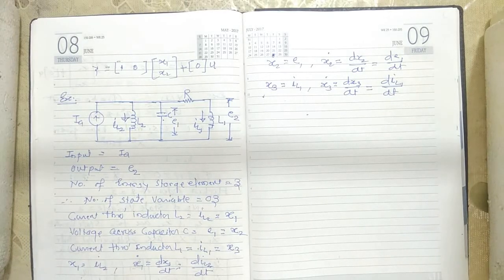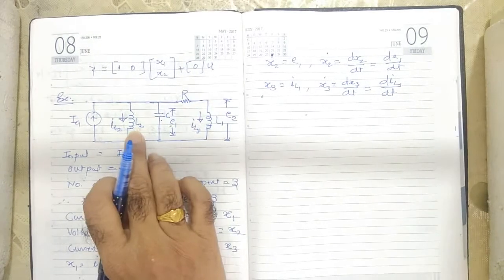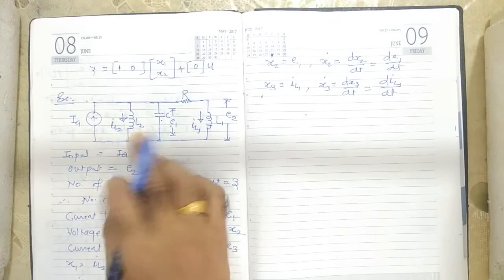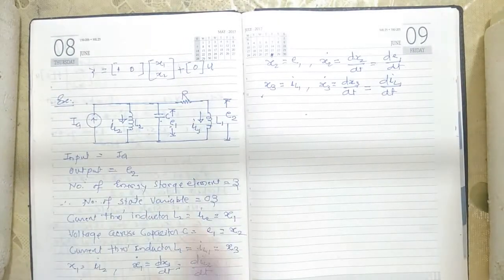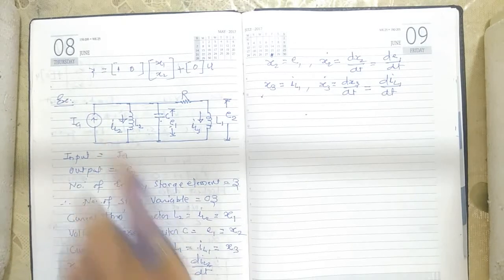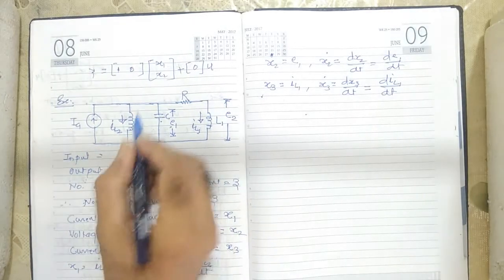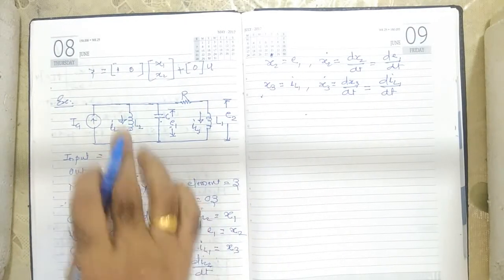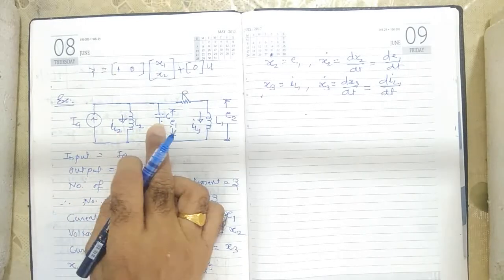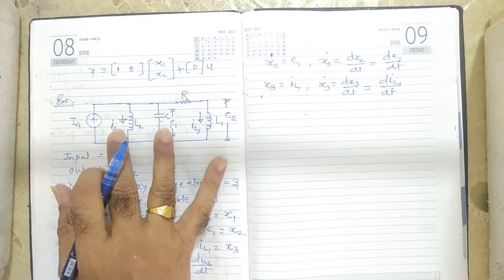Now we know the state variables and the differential state variables. Now we will write down the equations for x1 dot, x2 dot, x3 dot, or we can have the equations for x1, x2, x3 and then take the differentiation of those. Now see here, from the circuit, the inductor and the capacitor are both connected in parallel.